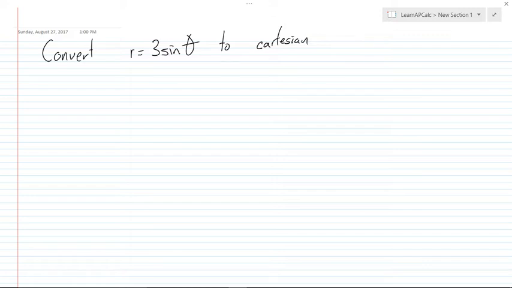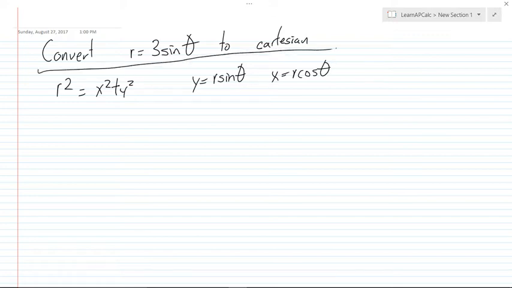Now again guys, what we want to do here is we're going to try to convert it using these three equations: y equals r sine theta, x equals r cosine theta, and r squared equals x squared plus y squared. So what we can do is multiply both sides by r.